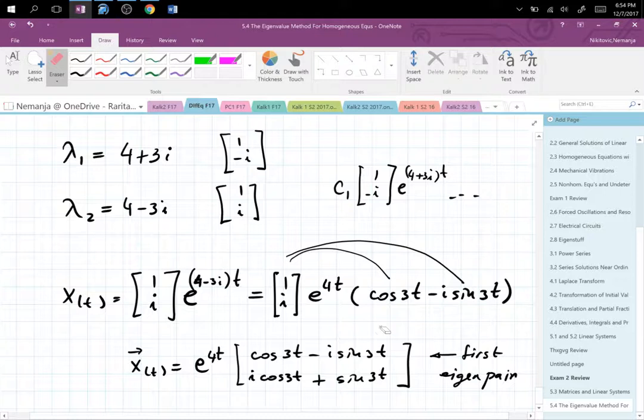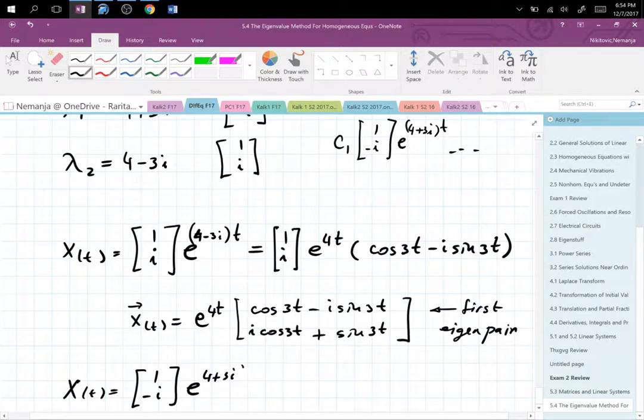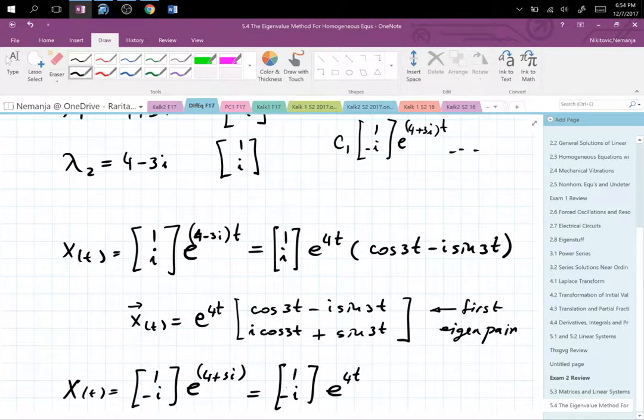So let's do the second solution. Just give me a second, okay? So now we have the second part of the solution, which is going to be 1 negative i with the e to the 4 plus 3i t, which is 1 negative i times e to the 4t, and so we have the same thing for the second one.